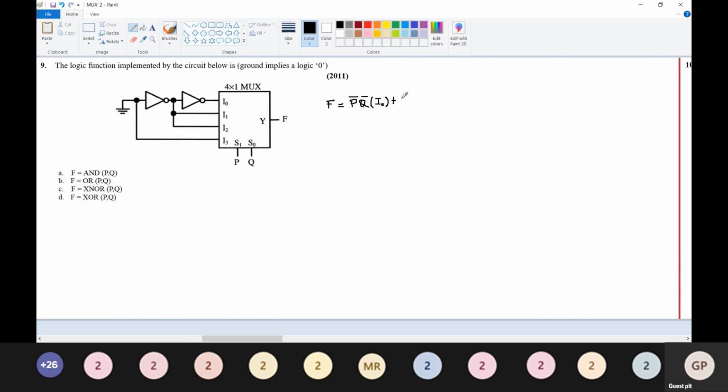plus P dash Q into I1 plus P Q dash into I2 plus PQ into I3. So this is the general expression for a 4:1 multiplexer.